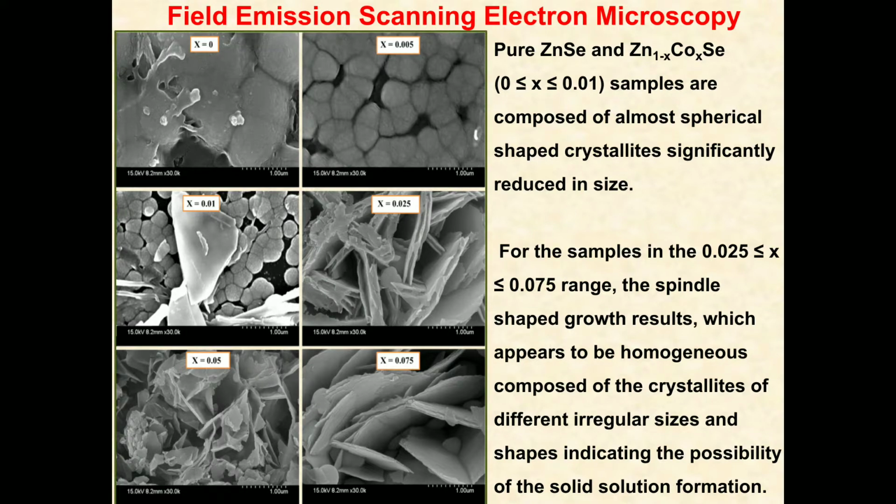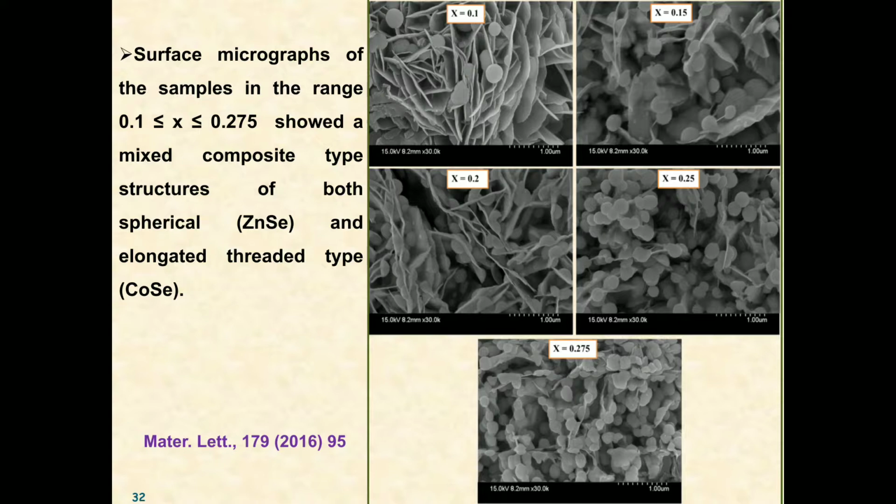For the samples in the range 0.025 ≤ x ≤ 0.075, spindle shaped growth results, which appears to be homogeneous, composed of crystallites of different irregular sizes and shapes, indicating the possibility of solid solution formation.